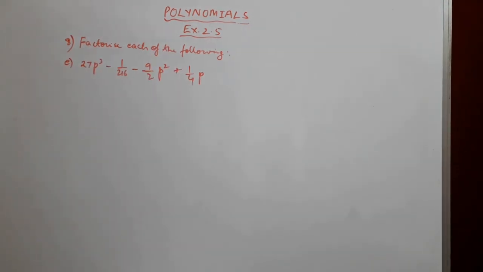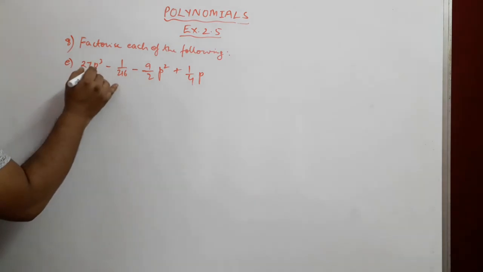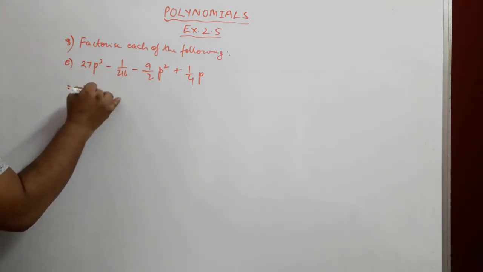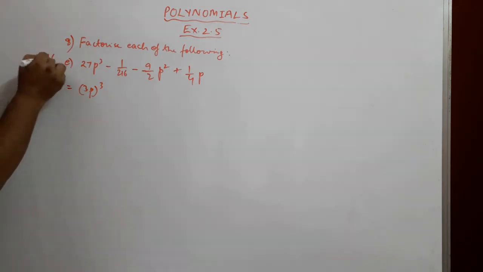Our next problem is 27p cube minus 1 upon 216 minus 9 upon 2 p square plus 1 upon 4 p. So this is in a minus b whole cube form. So 27p cube can be written as 3p whole cube, and 216 we can find out the factors of 216.